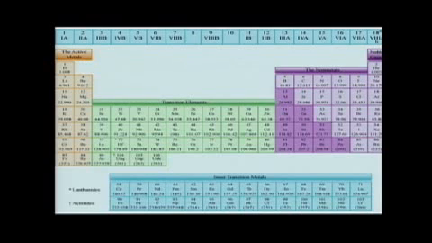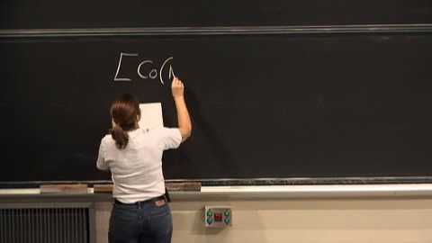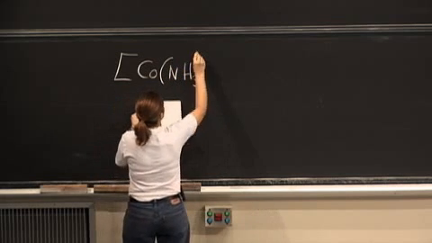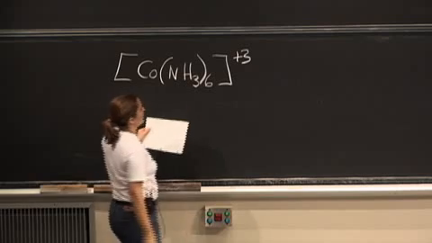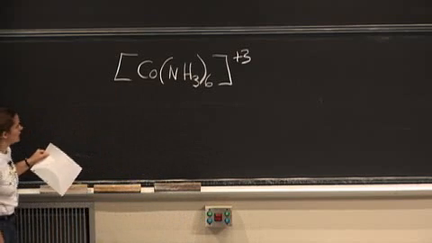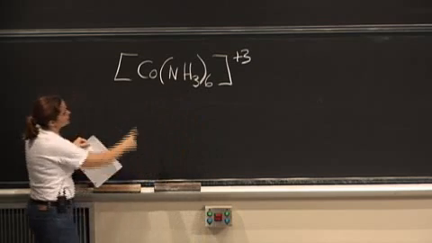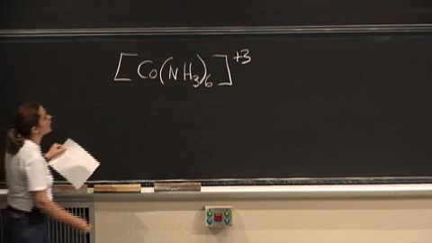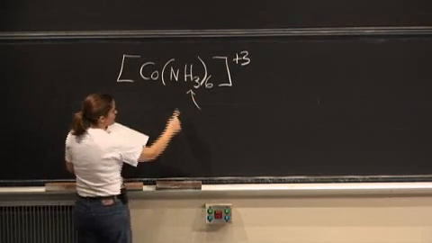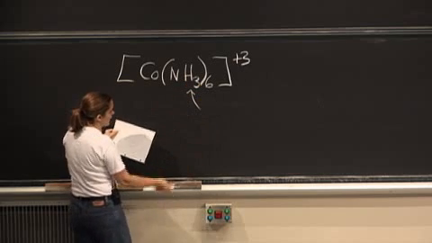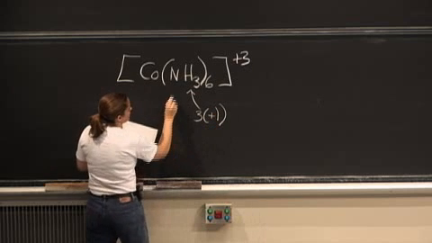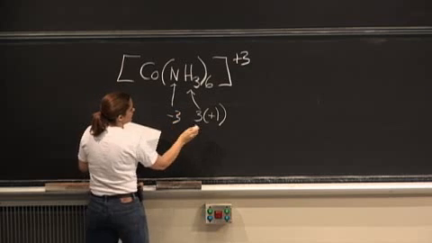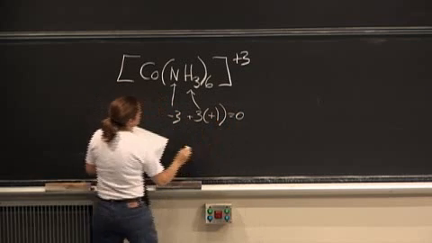So let's look at the complex that we saw at the beginning of today's lecture, where we had cobalt with 6 NH3 ligands in a coordination complex that had a charge of +3. Here we need to figure out the oxidation number of the cobalt. For this particular group, the overall charge is 0. We have 3 hydrogens at +1 and a nitrogen at -1, so overall that charge is 0.